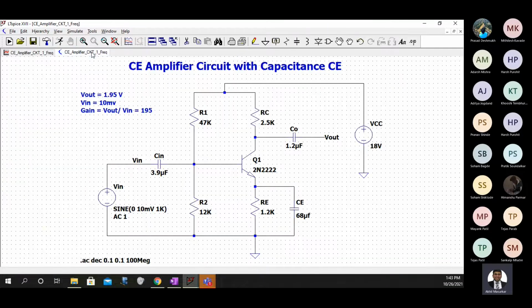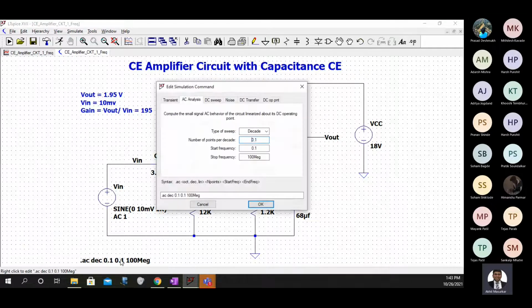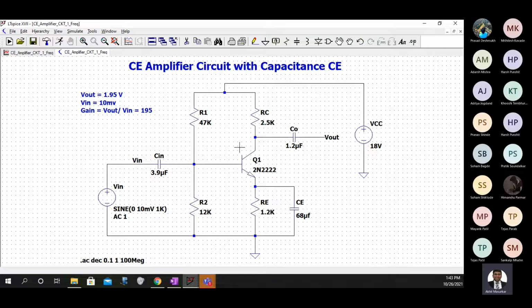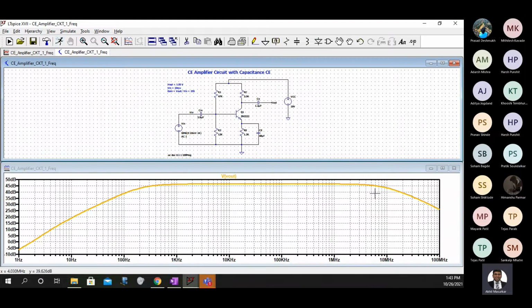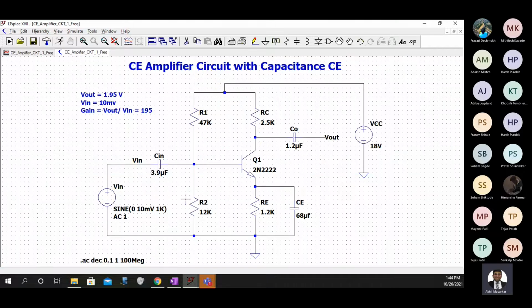If you want it to be even more proper, instead of start frequency 0.1, we'll make it 1 hertz and run this. So you should get a graph like this. First of all, I am expanding the circuit. So this is what we should get.